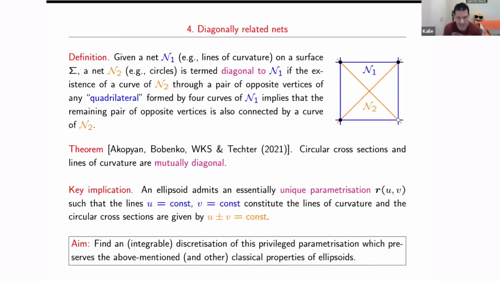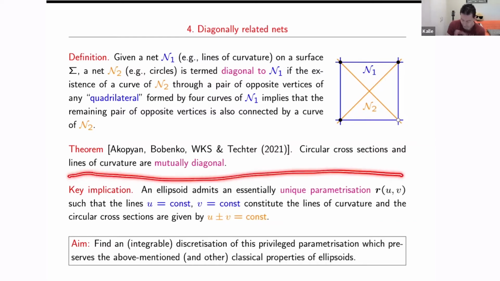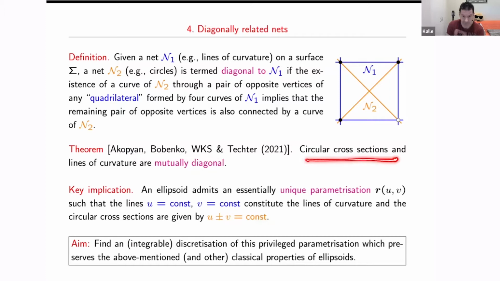Now, I don't know whether this is actually a known theorem, but we published a paper related to a more general topic, and this is where we published it. Cross-sections of ellipsoids and lines of curvature are mutually diagonal.